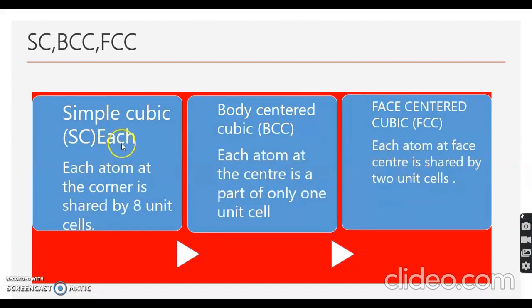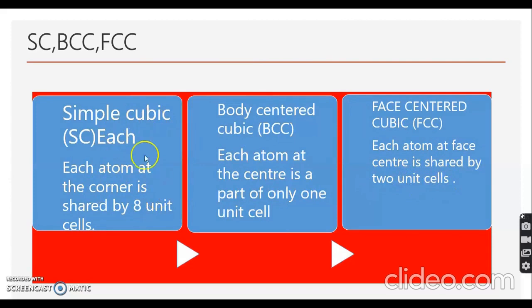Now, simple cubic, body centered and face centered, again we will try to see what is another difference between them. In simple cubic, each atom at the corner is shared by 8 unit cells. In body centered, the atom at the center is a part of only one unit cell, and here each atom at the face center will be shared by 2 unit cells.